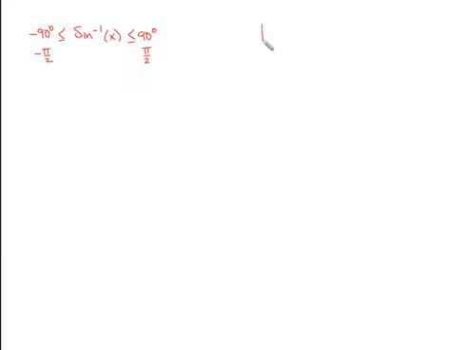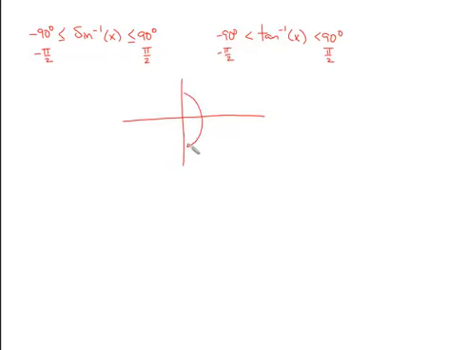Inverse tangent works the same way. Inverse tangent is always going to be between negative 90 degrees and positive 90 degrees, or negative pi over 2 and positive pi over 2. Quadrant 4 and quadrant 1, we get our negative tangent values from quadrant 4, we get our positive tangent values from quadrant 1. So these two operate in this region here.